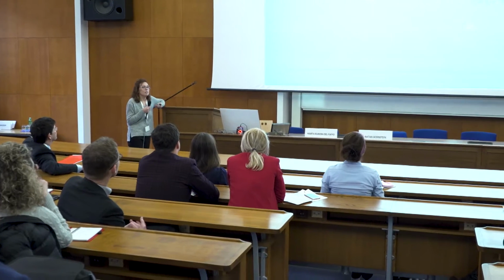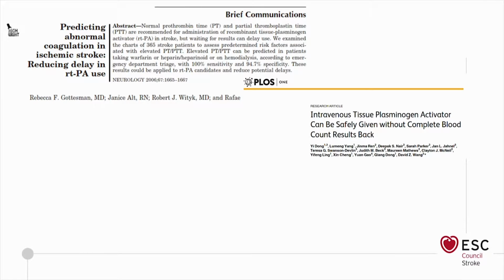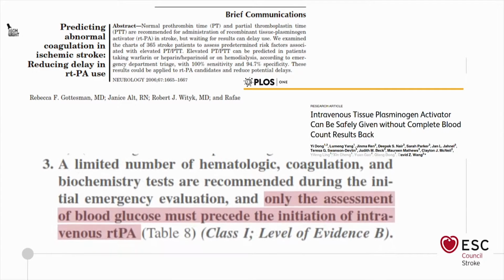There are several trials that have demonstrated that for the majority of patients who don't have any previous history of coagulopathy or who are not treated with Coumadin or any clear antecedent, you don't need to wait for the results of the coagulation or the blood counts.